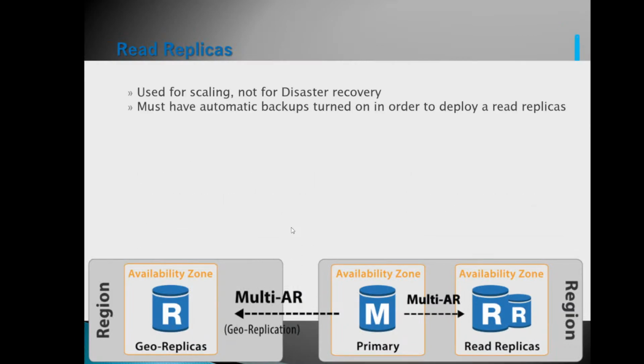Now let's cover a few things quickly about replicas. They are used for scaling, not for disaster recovery. It's important to understand that this is used for scaling and improving performance, not disaster recovery.